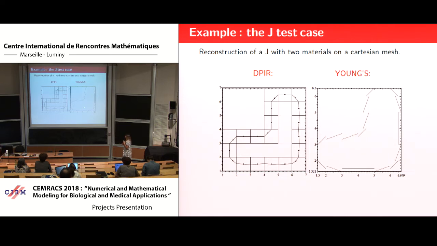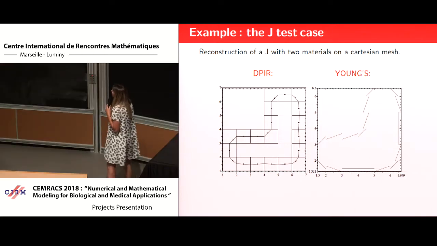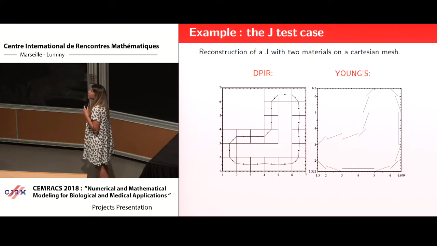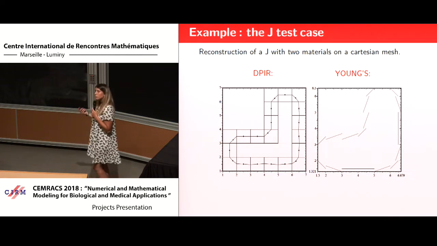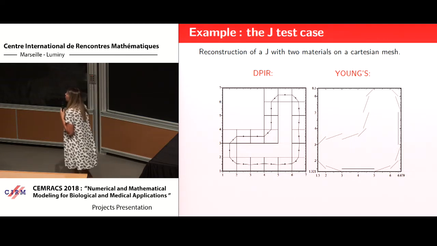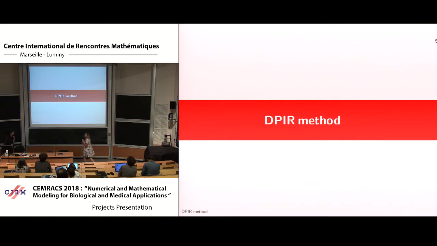If you do the same with the Youngs method, here you don't see it, but you have the meshes. You have one interface reconstructed in each cell. And here the volume is conserved, but it's not continuous. So you see the advantages of using the PIR. So now Igor will explain to you how it works.